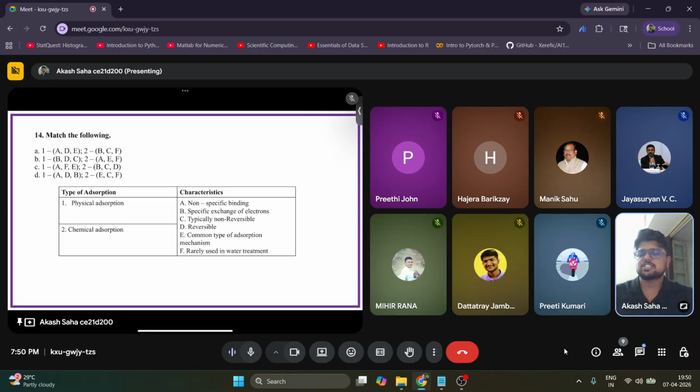Next, match the following. We have to match the characteristics of physical adsorption and chemical adsorption. There are six characteristics given. So please let me know what is for A, what is for 1, and what is for 2.